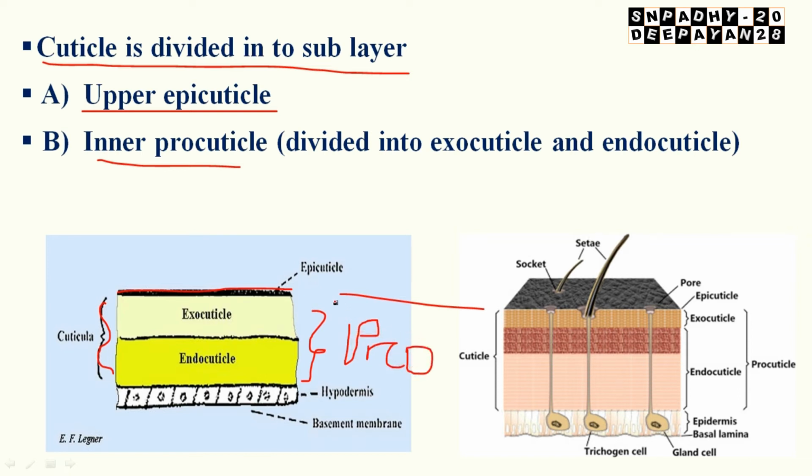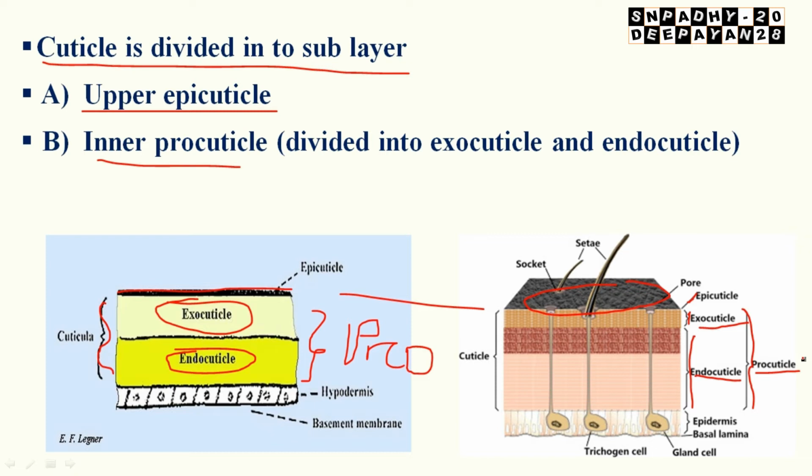Okay, again this procuticle is subdivided into exocuticle and endocuticle. Here you can observe easily, the outermost covering is what? Epicuticle. Then comes exocuticle, then comes endocuticle. Exo and endocuticle together are called what? Procuticle. So cuticle is broadly divided into two parts, upper epicuticle and inner procuticle.